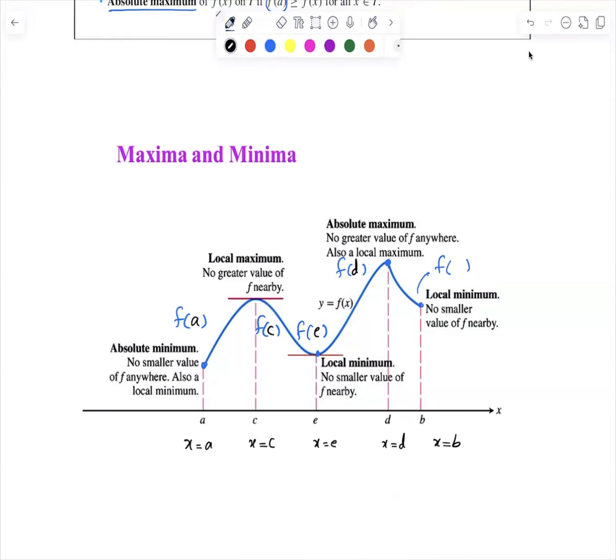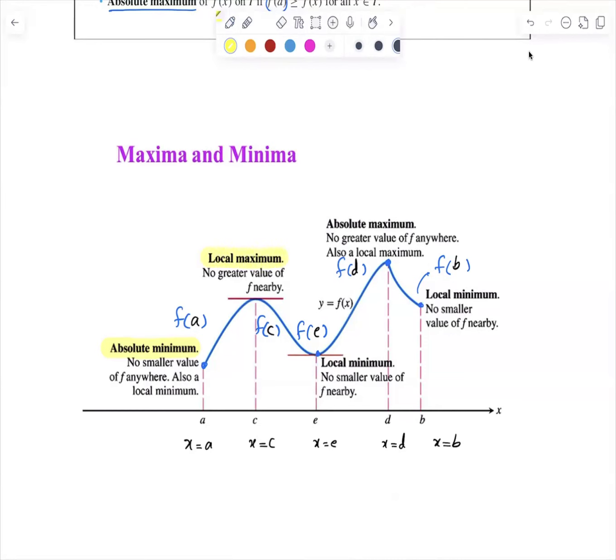Very good. So let us compare these output values. Between all of these output values, f of a is the absolute minimum. There is no smaller value for function f than when x is equal to a. Let's take a look at f of c. F of c and f of d are comparable.